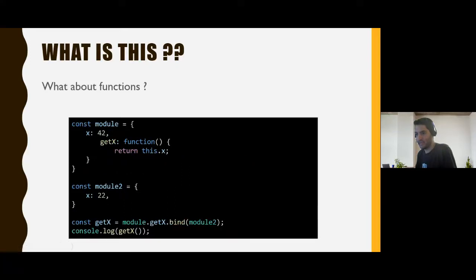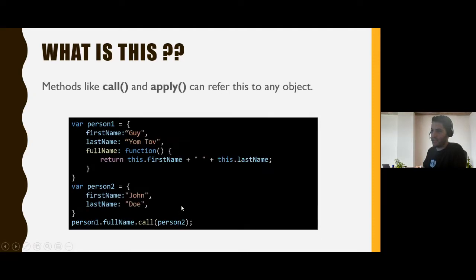And then we introduce another thing called bind. And binding is our way to say that we want to bind. In this example, we want to bind model 2 as the scope, or as the this, of the getX function. And why is it different than call and apply?